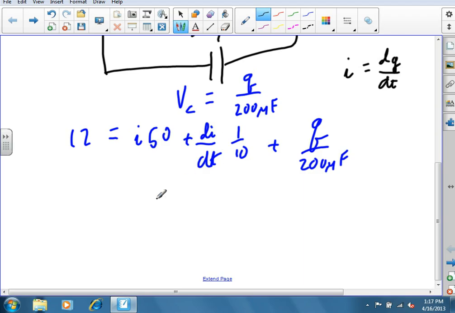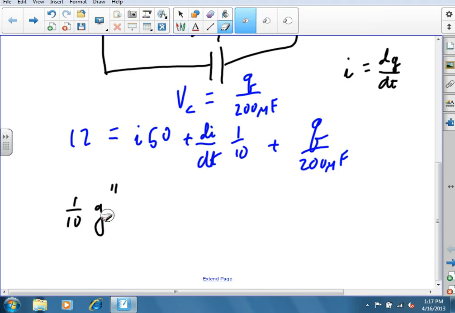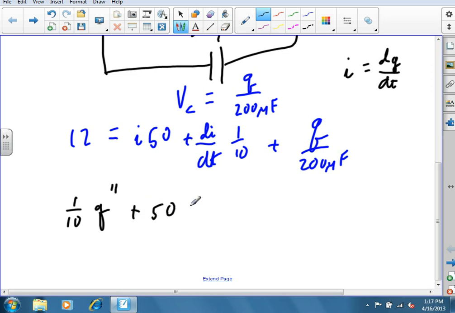So I'm going to rewrite the equation and say 1/10 Q double prime, because di/dt, I take the derivative, it's the second derivative, plus 50 Q prime plus Q over 200 microfarads has to be 12.